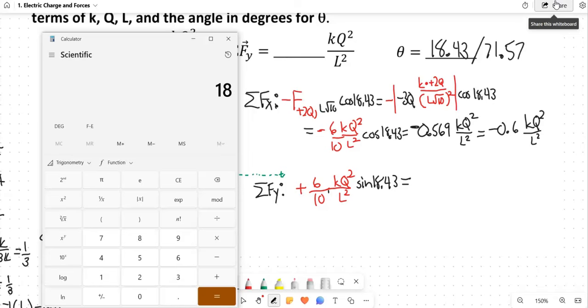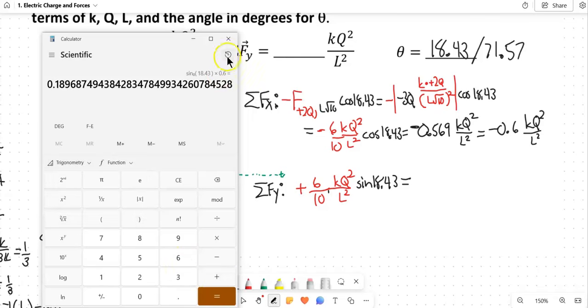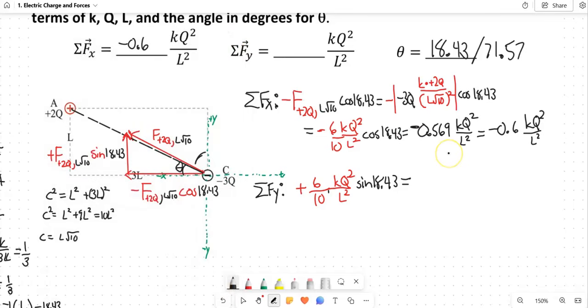So 18.43, I'm going to take the sine of that. I'm going to multiply that by 0.6 equals 0.189. So this is going to be positive 0.189 KQ squared over L squared.